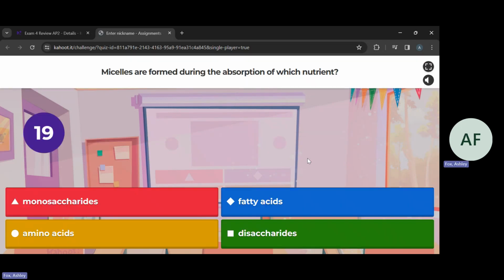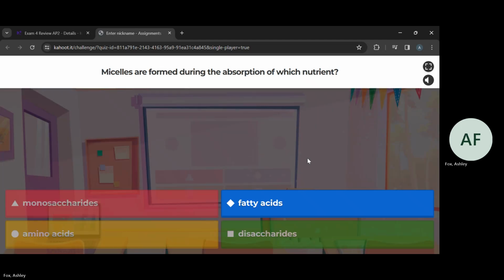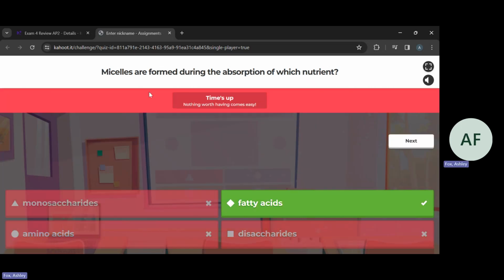Micelles are formed during the absorption of which nutrient? Monosaccharides, fatty acids, amino acids, disaccharides. So these are fatty acids. Remember, micelles and chylomicrons are formed.